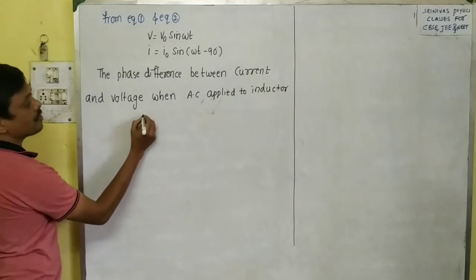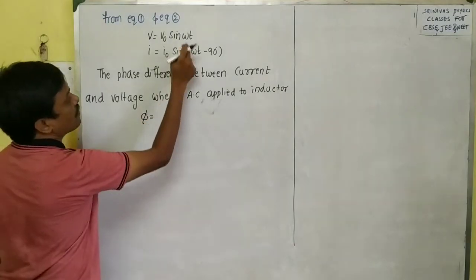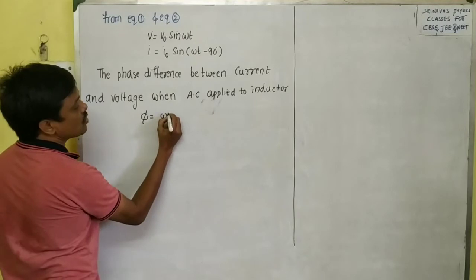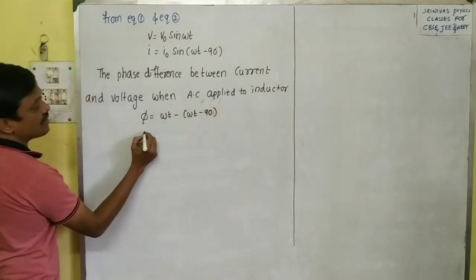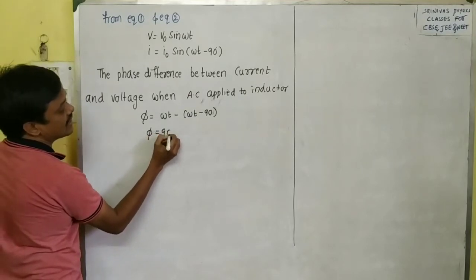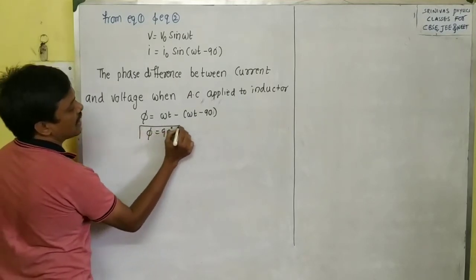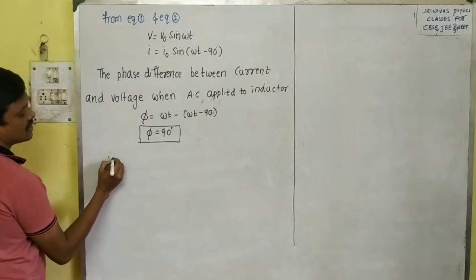The phase difference means the angle difference. We have to find the difference, that is omega t minus omega t minus 90. Then we will get the phase difference as 90 degrees. That means the angle between the current and voltage is 90 degrees.